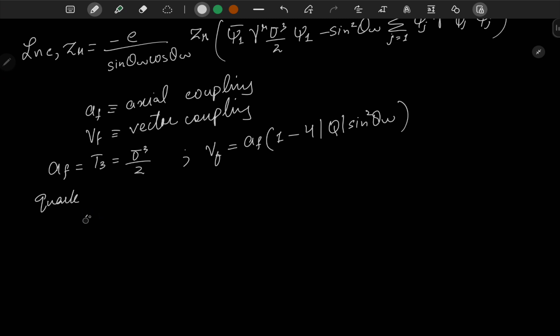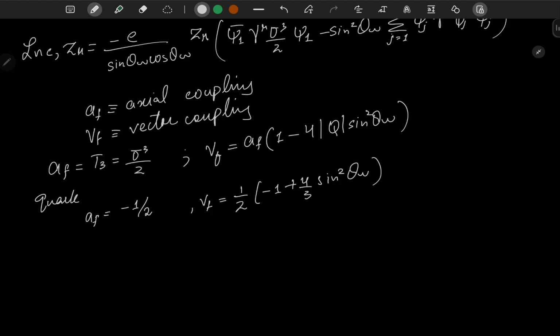I'm just going to write down the result here. For down type quarks, AF will be minus 1 over 2, and VF is going to be 1 over 2 minus 1 plus 4 over 3 sine square of theta W.